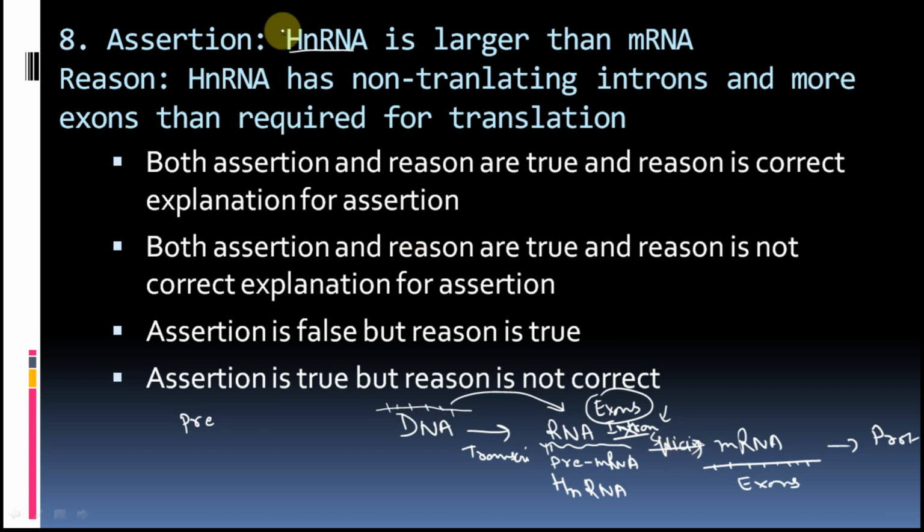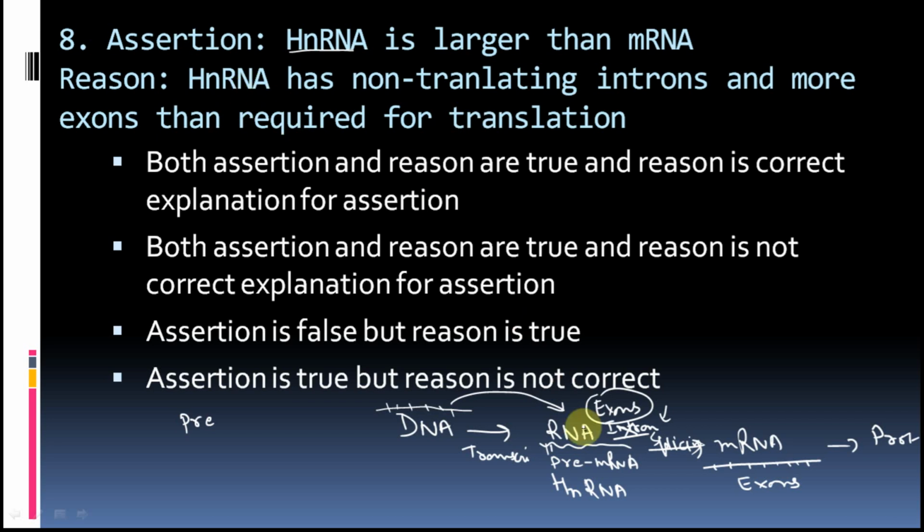So now let's read the assertion and reason. The assertion says that the heterogeneous nuclear RNA is larger than the mRNA. So yes, it is true, because HnRNA contains the exons and also introns, but mRNA contains only exons. So obviously it is larger than mRNA. What is given as the reason? The reason is that HnRNA has non-translating introns, and more exons than required for translation.